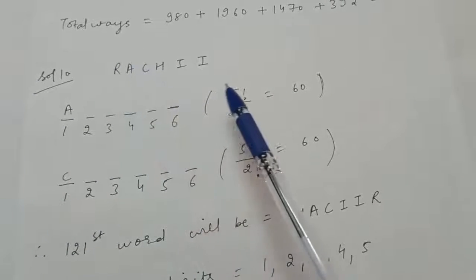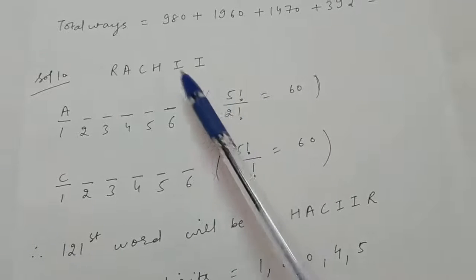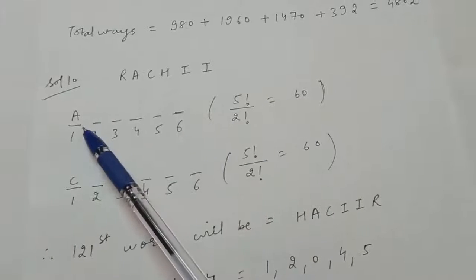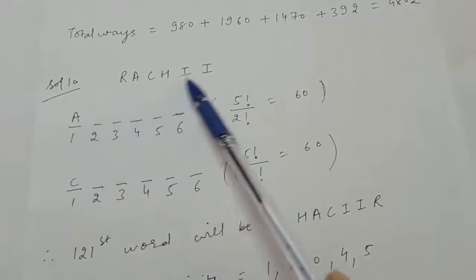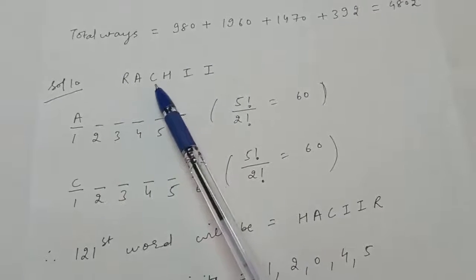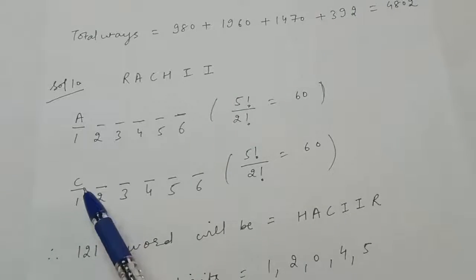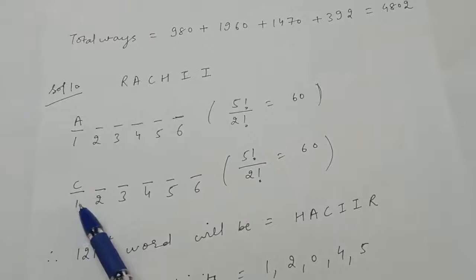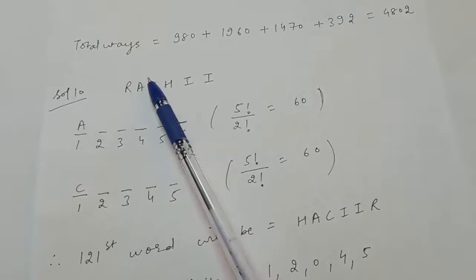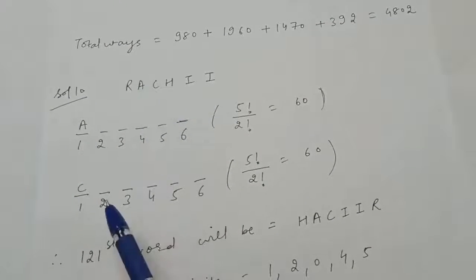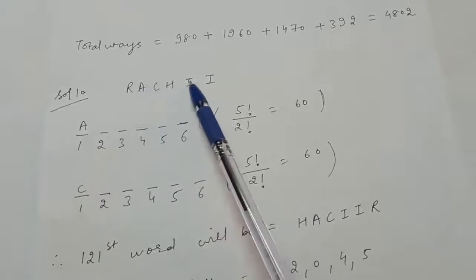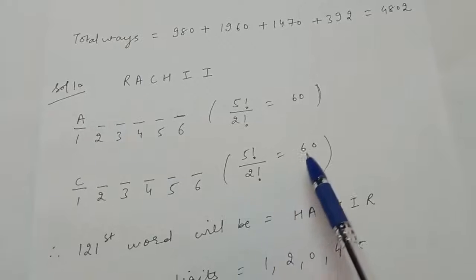Which can be arranged in 5 factorial divided by 2 factorial. Why? Because I is repeating twice. So you will get 60 words starting with the letter A. Now after A, because B does not exist in this word, in the dictionary the words will come which start with C. So now fix the first place with the letter C. Now again, except C, these rest 5 letters can be arranged in these rest 5 places in 5 factorial divided by 2 factorial, since I is repeating twice, that is 60.